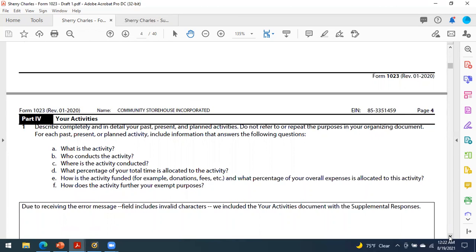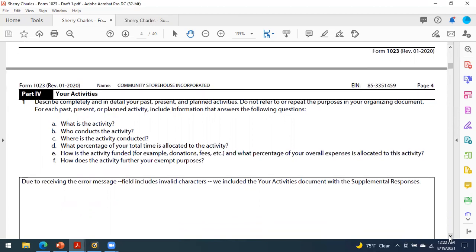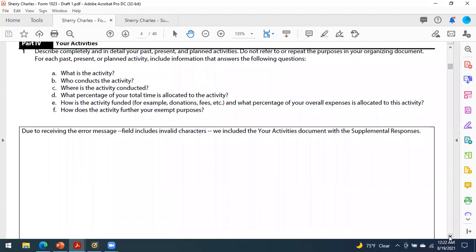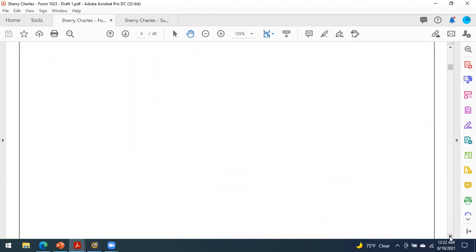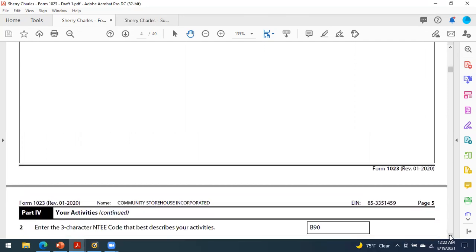This is a section where I would have completed thorough information about the activities she's going to provide through her nonprofit. But unfortunately, this section kept creating error messages. So I just included it in her supplemental responses. And we know supplemental responses are those additional documents that are required for the Form 1023 standard version.